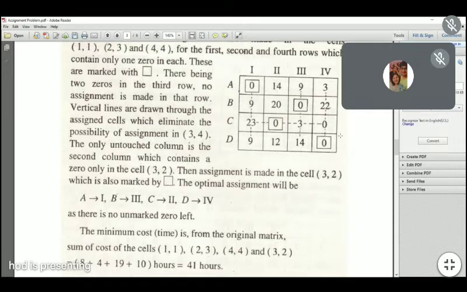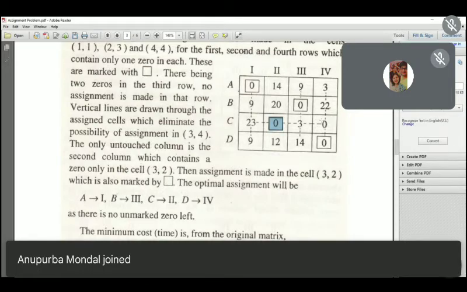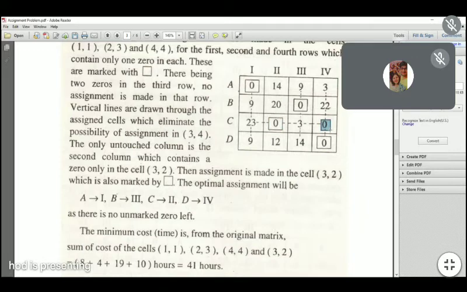So for instance, in this particular problem, column 1, there's already an assignment. Column 2 में there were no assignments. Now if there is no assignment in column 2, then I do have to make an assignment. So I will select वो वाला 0. In this case, it was this cell that I had chosen. So I made an allocation here. The moment you make an allocation here, automatically it means that this is going to get ignored. क्यों?